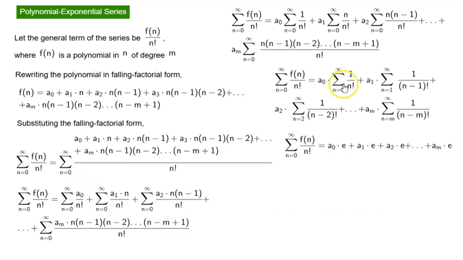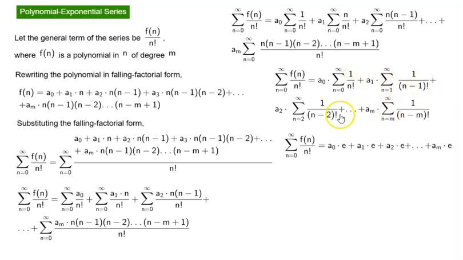Now, here if you notice, this is equal to e. And here, this series is just a shifted, or rather the tail series corresponding to the first series. This is again a tail series of this series.